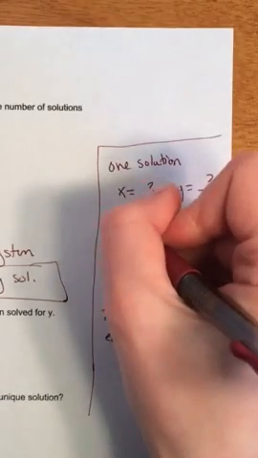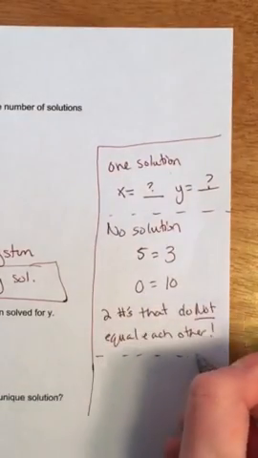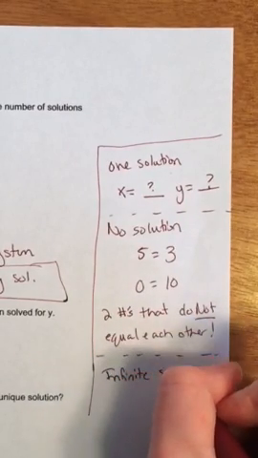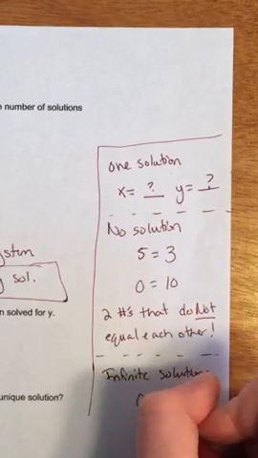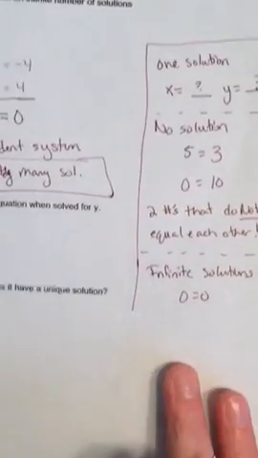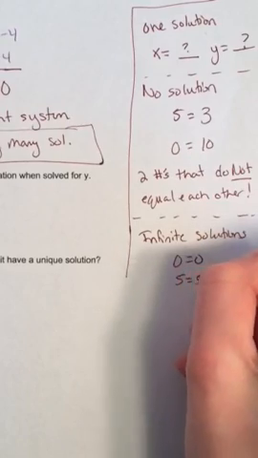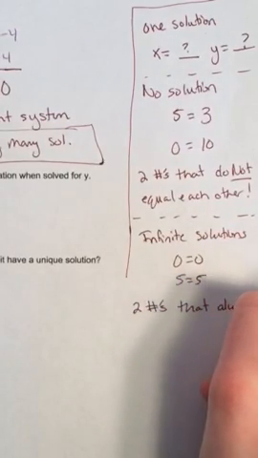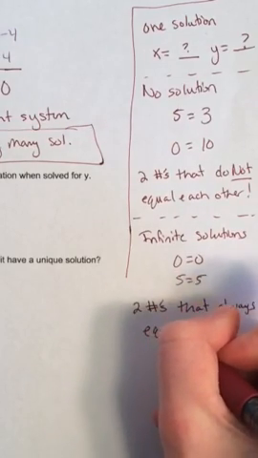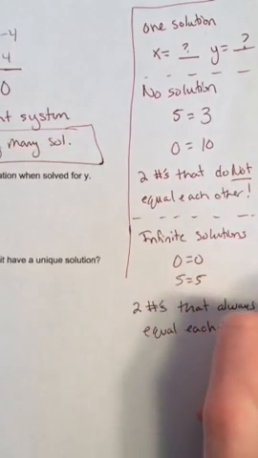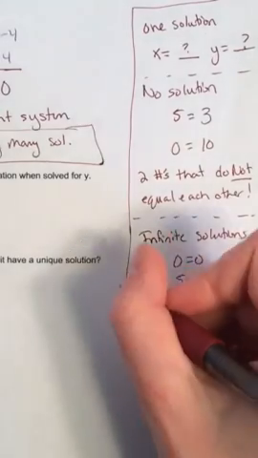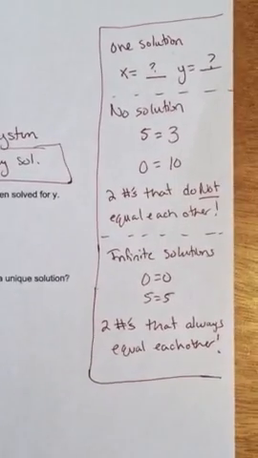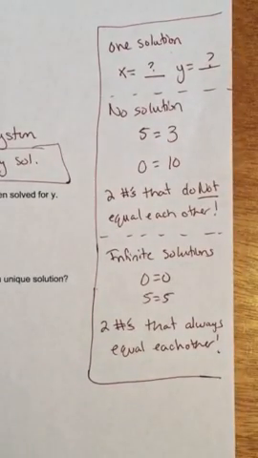Okay? And infinite solutions are when you get 0 equals 0 or 5 equals 5. So two numbers that always equal each other. Okay? So this is kind of your cheat sheet. Okay, so this might be something you might want written on a note card. So this would be a good time to pause it.